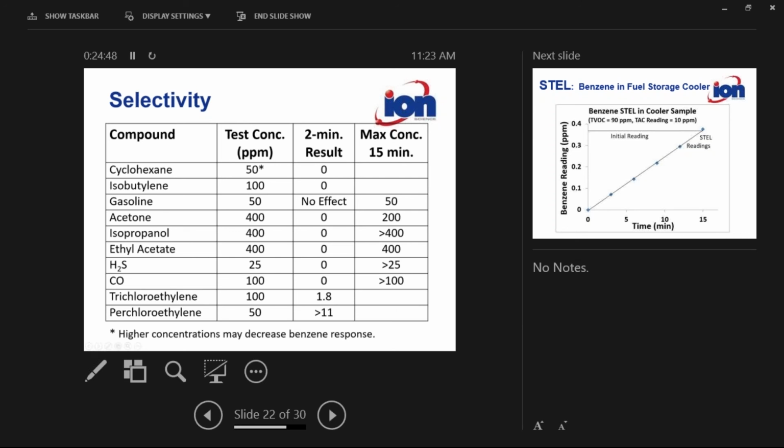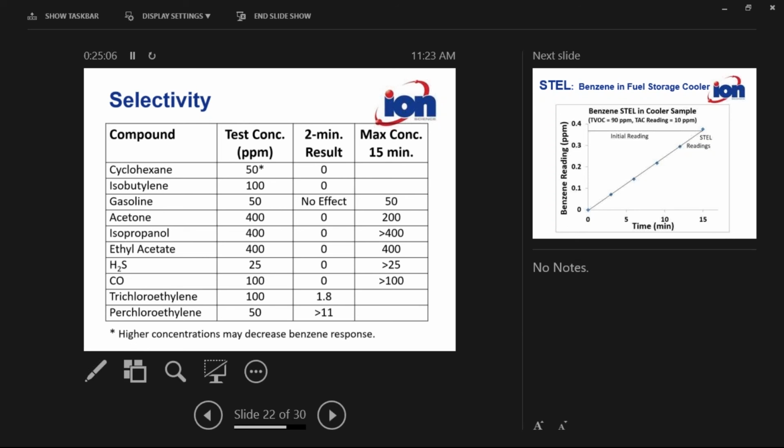Isobutylene, again, no effect. Gasoline, well, of course, you're going to see some readings because gasoline contains some benzene, but there's no effect on the benzene response due to the other components present in the gasoline.